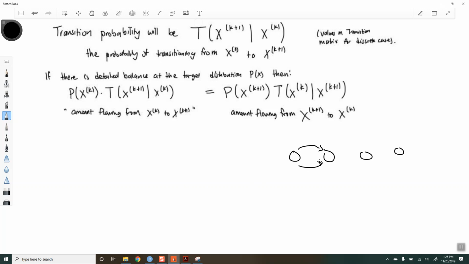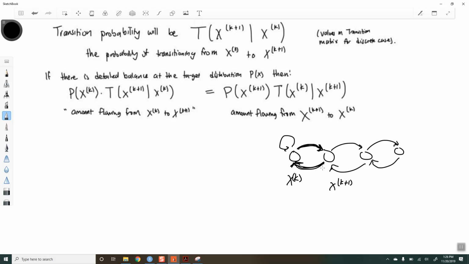You've got some kind of chain of different states, and if this was x super k and this one is xk plus 1, what we want is that the amount flowing from xk to xk plus 1 and the amount flowing back are exactly the same.